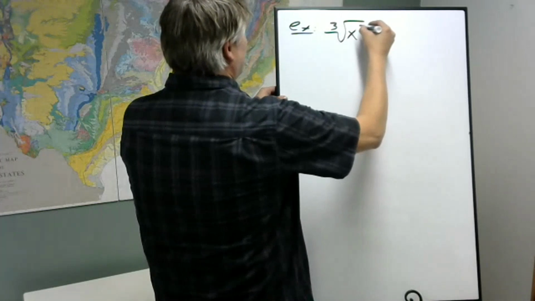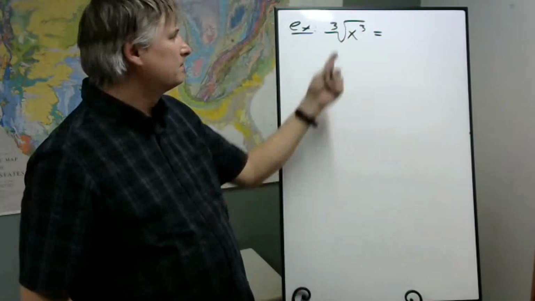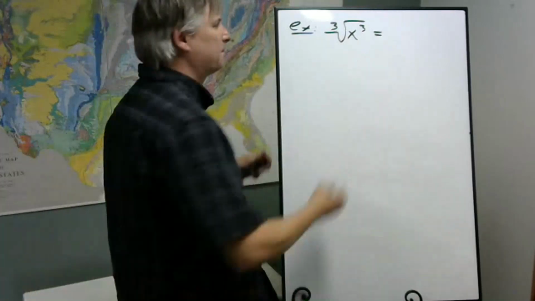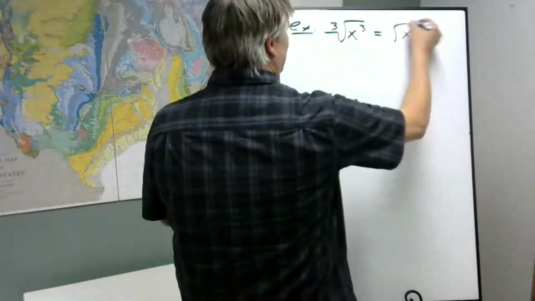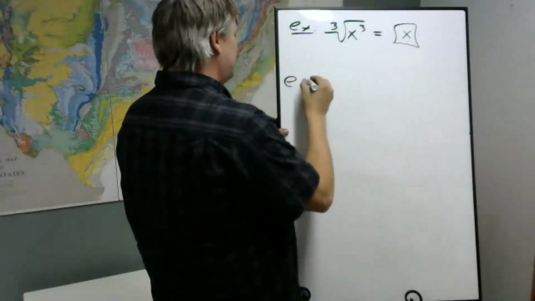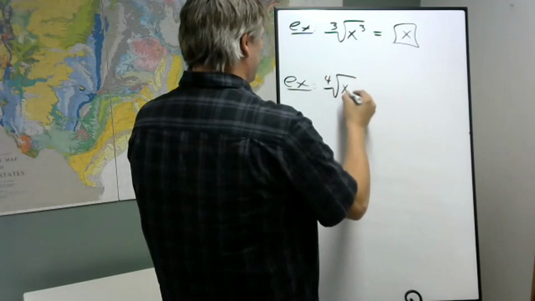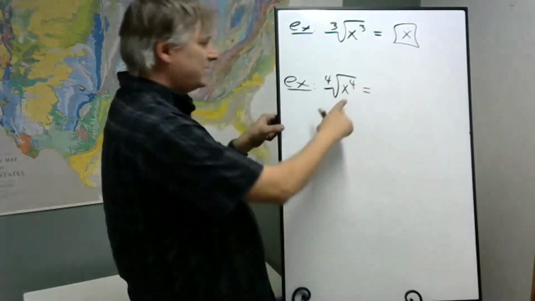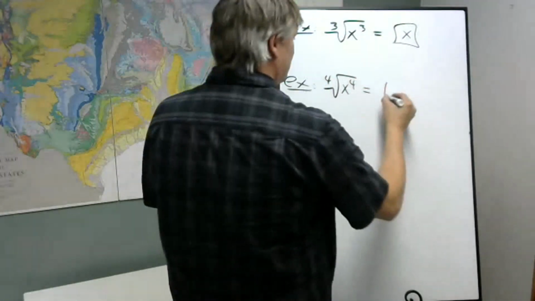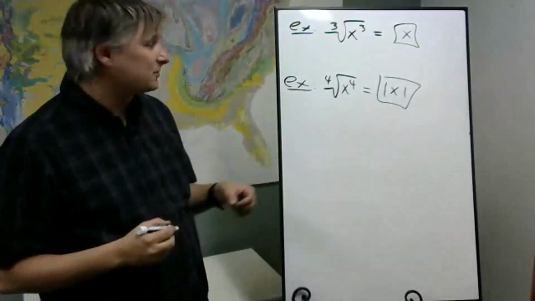Cube root of x cubed. Odd root, odd exponent, thing just passes right through. We're done. But if we have this, we're going to take the absolute value. And that's going to be our answer.